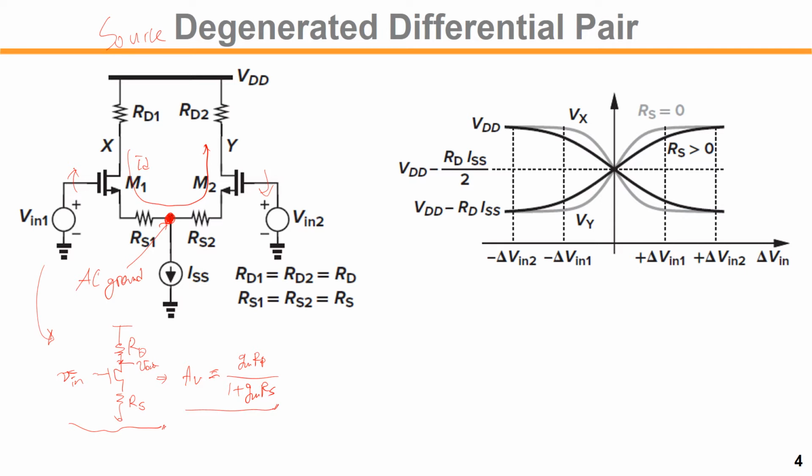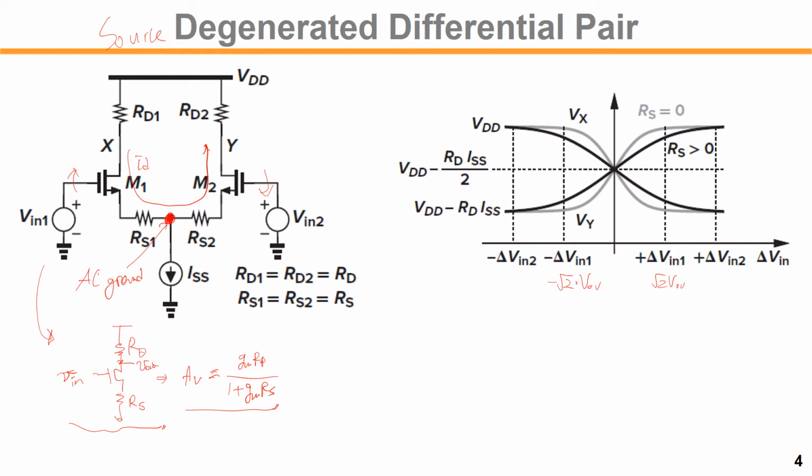Here, something that we want to understand is the input amplification range. Without RS, we know that the input amplification range would be between plus and minus root 2 times the overdrive voltage of M1 and M2 at the bias condition.